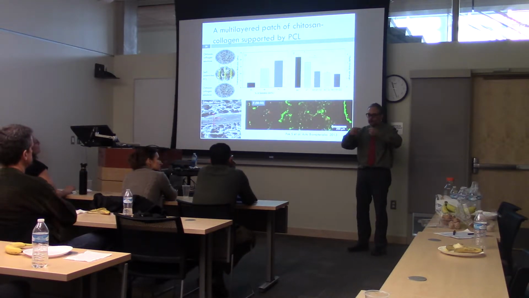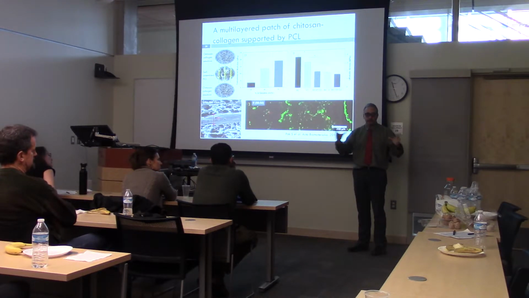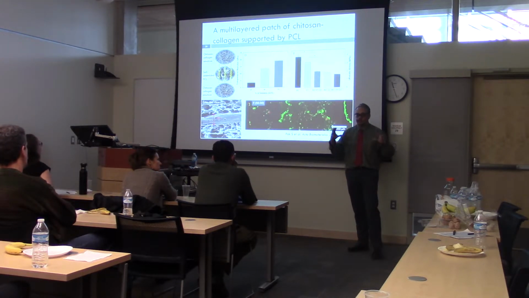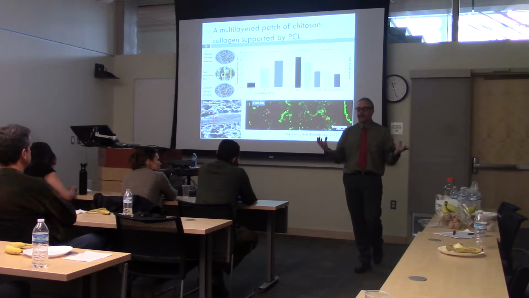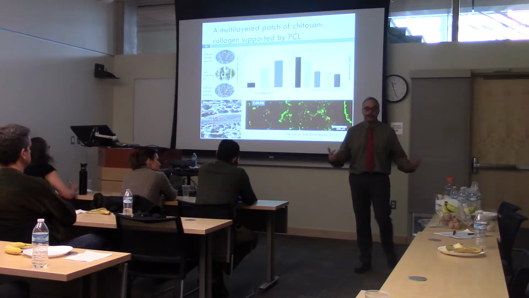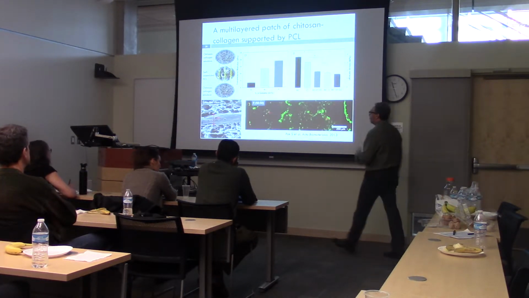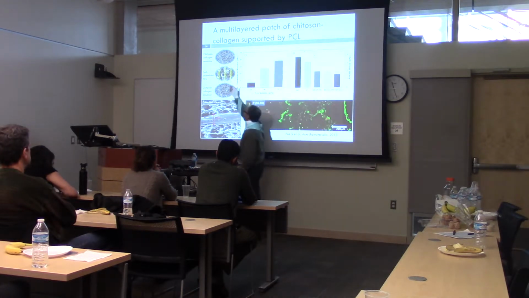So you need something that's strong tensilely, but is compressible, because the cells that go into it, we want to be able to compress it. It has a compression that's similar to native heart tissue. So we used self-assembled polycaprolactone.